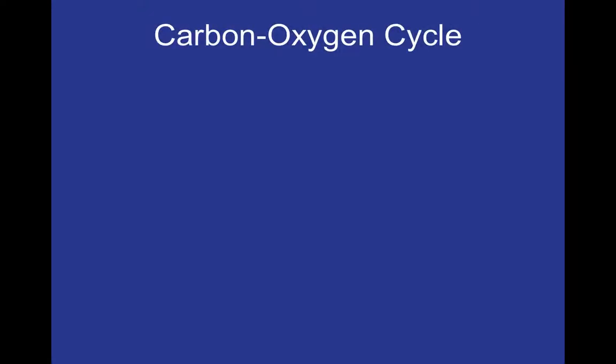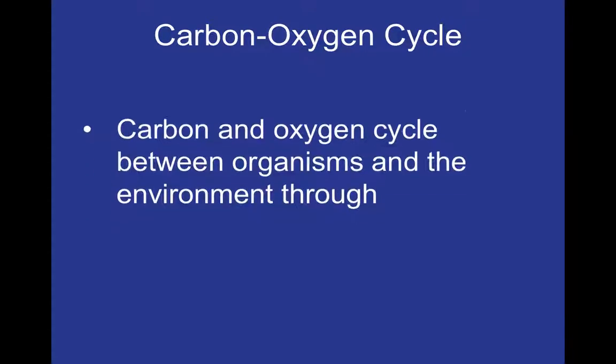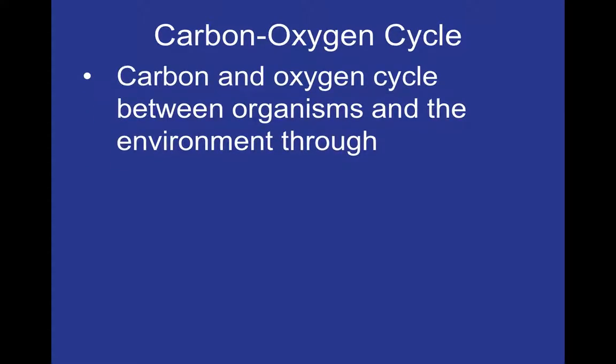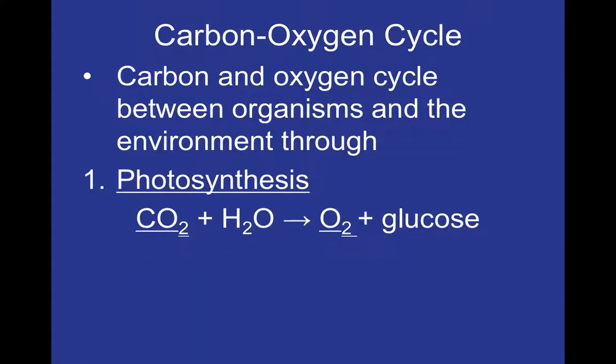Our second cycle is the carbon and oxygen cycle, and these two elements actually cycle kind of together. That's because we have two processes that work with them. The first one is photosynthesis, and if you look at the reaction here for photosynthesis, we have carbon dioxide and water.